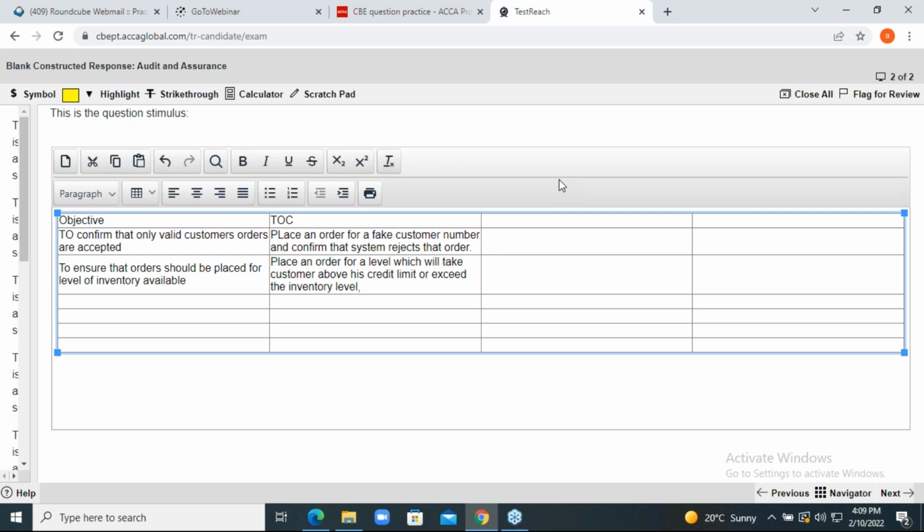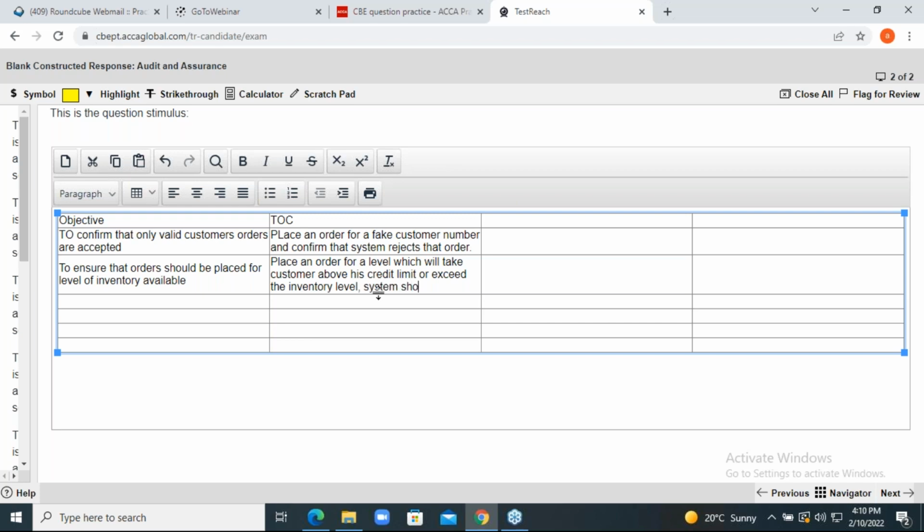The system should reconcile this order with the customer's credit limit and tally the inventory level, and then if both things are okay, this order should be processed. Otherwise, this order should be rejected. So what should be the answer of this system? Place an order for a level which will take the customer above his credit limit or exceed the inventory level.